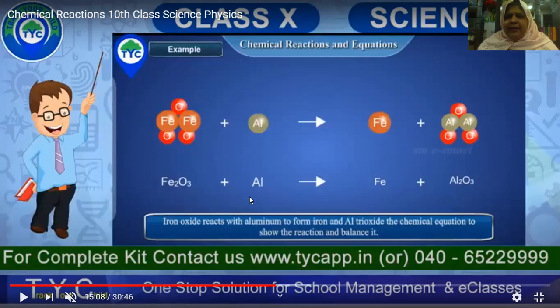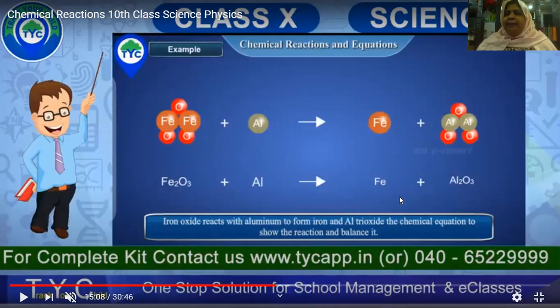So is it a balanced equation? Let us see which elements are balanced and which are not. On the reactant side, you have 2 atoms of iron, whereas in the products you see only 1 atom of iron. That means iron is not balanced, so it's not a balanced equation. Similarly, if you look at oxygen, we are using 3 atoms of oxygen on the reactant side and 3 in the product.